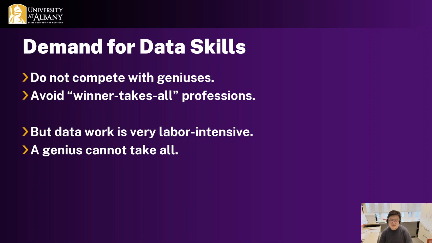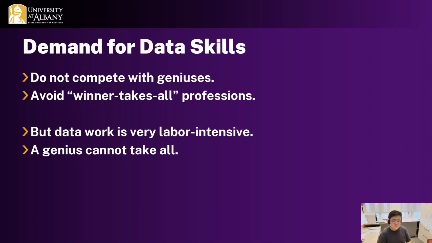But where you have to go is you have to find the battlefield where there's something you can take, right? So data work is an example. Data work is very labor intensive, right? So a genius cannot finish all the work. They need help from someone else.